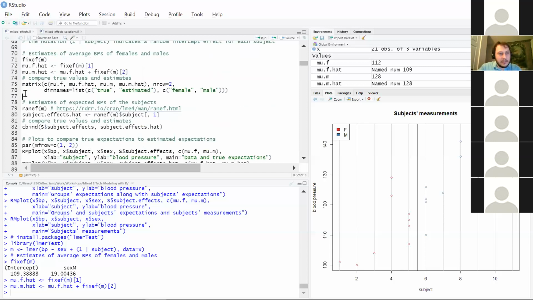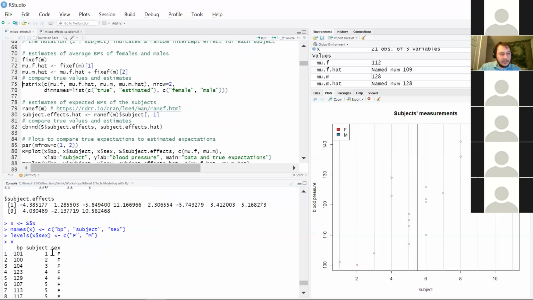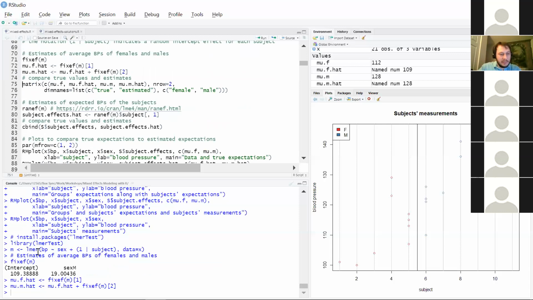So I've defined mu f hat, mu m hat. Those are the estimates that came out of the model fitting. I did LMER, and I gave it a formula for the random effects model. This is assuming that the groups have the same variance.